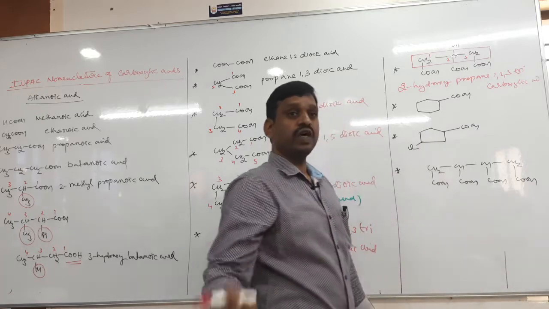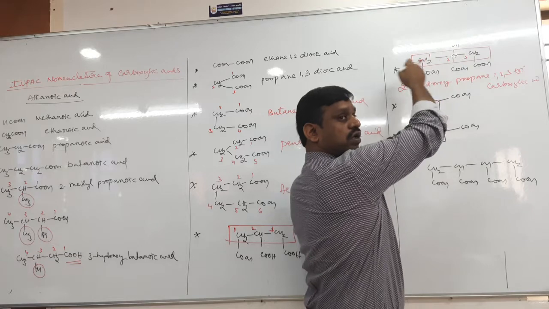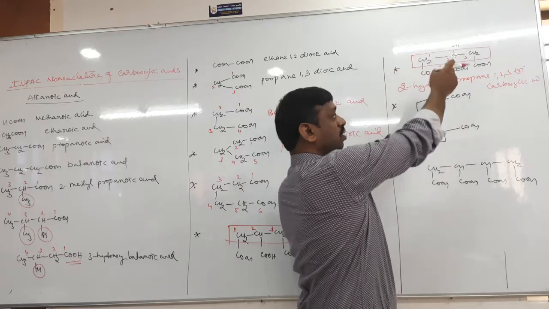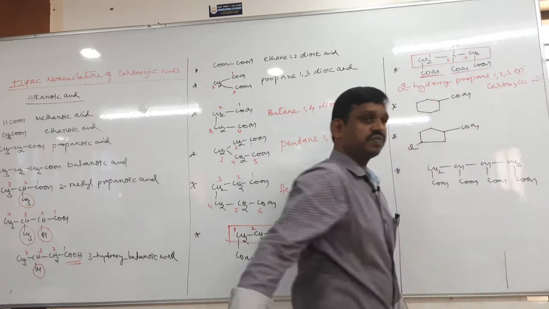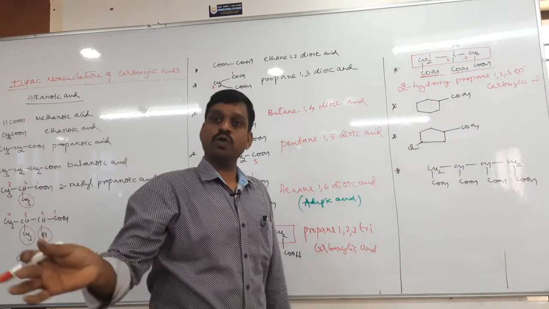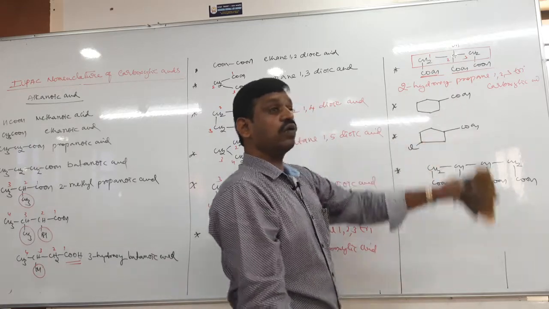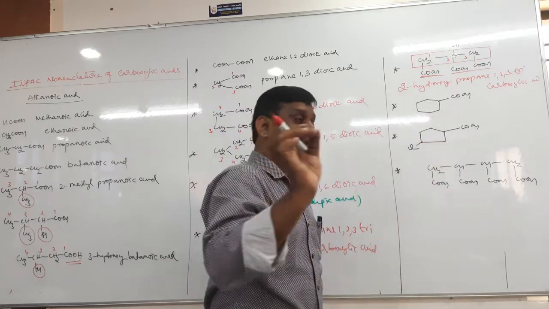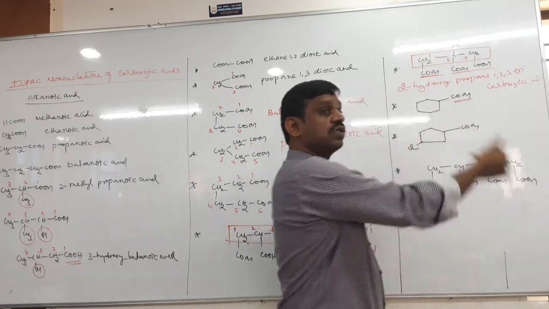Remember, alkanoic acid is not possible if carboxylic groups are 3 or more. If there are 2 carboxylic groups, you can apply. And alkanoic acid is not possible if the carboxylic group is directly attached to a cyclic ring.